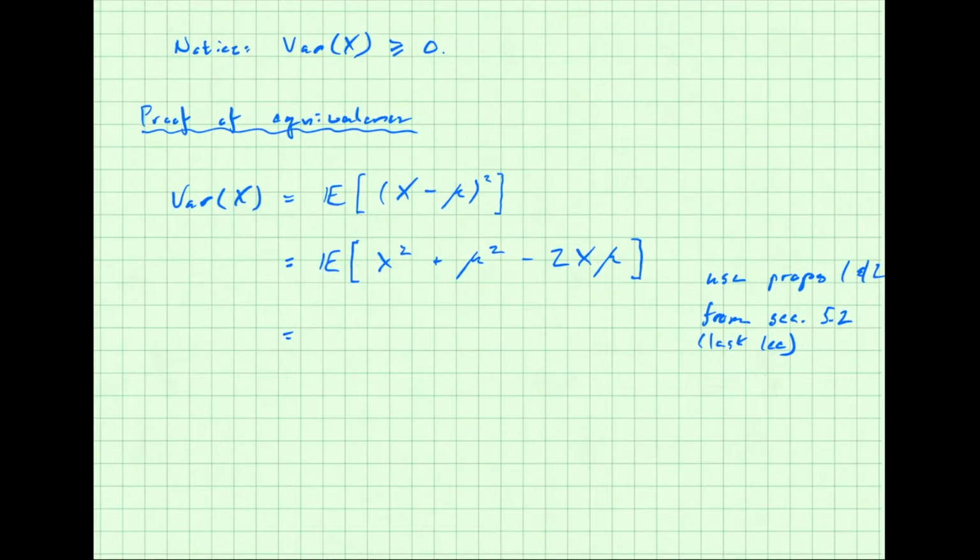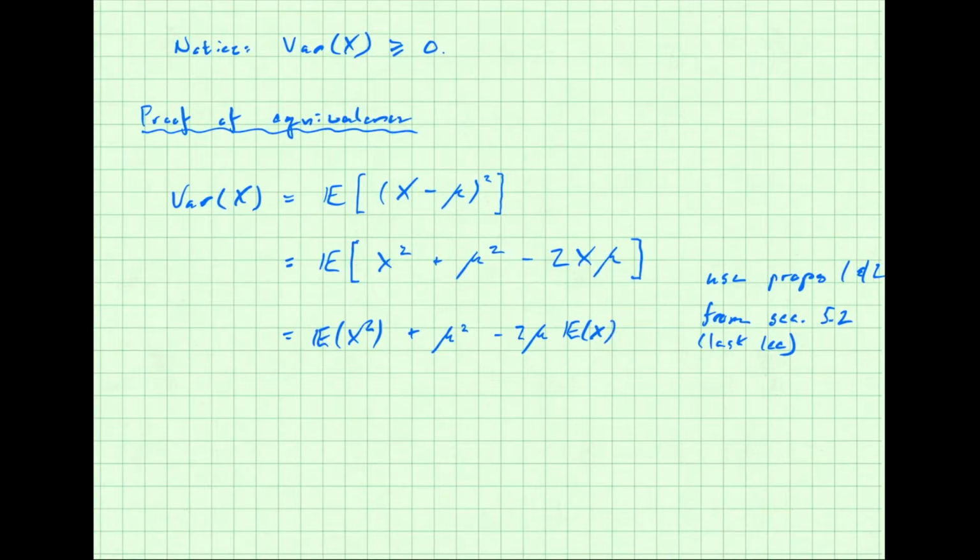Right, and so I'm going to write that this is the expected value of x squared plus, now you could write the expected value of mu squared, but mu is a constant, so this is just mu squared, and then minus 2 mu times the expected value of x.